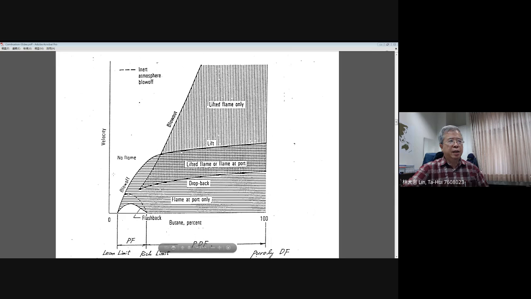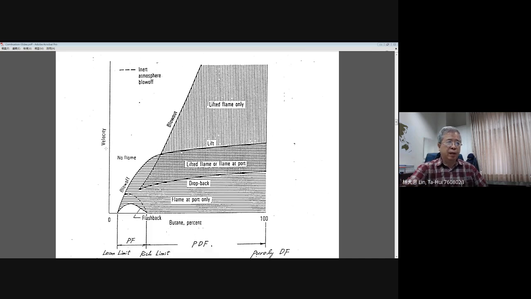Okay, now this is very clear: it tells you the stability limit for a premixed flame in a jet flow. We already have some explanation on this part. Now we move to the right-hand side. When you go to 100% butane, at these conditions we have a purely butane diffusion flame.